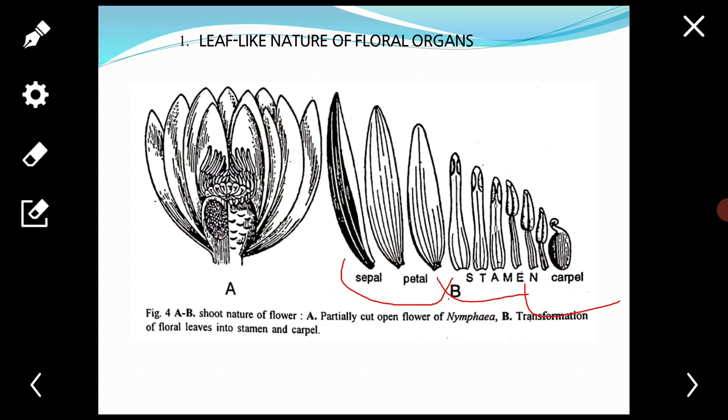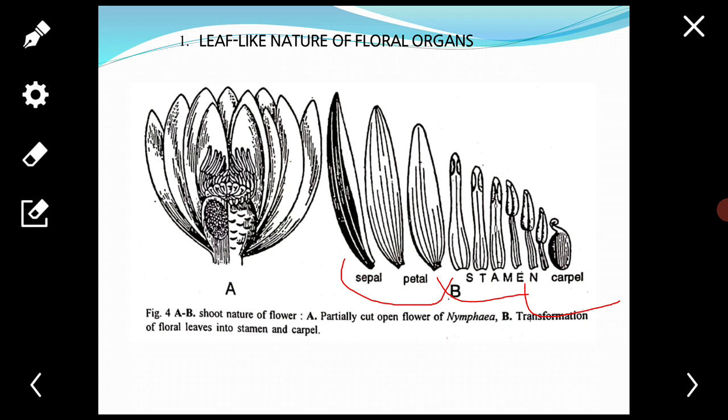In Zinnia, some of the stamens and carpels become petaloid. Similarly, in Canna plant, there are petaloid stamens and style.